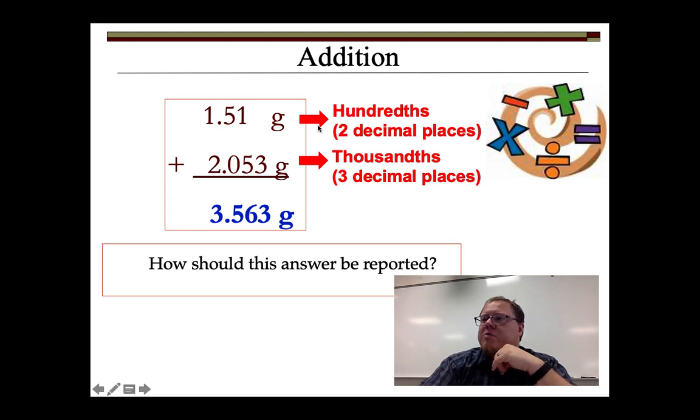First one, hundredths place is how many? It's 2 decimal places. Second one goes to the thousandths place. That's 3 decimal places. 2 is less than 3. Go to whichever one is lower. Okay, so my answer can only have the hundredths place. That would be the 6 here. The next digit is a 3, so we round down. So 3.56 grams is how we should report that answer.